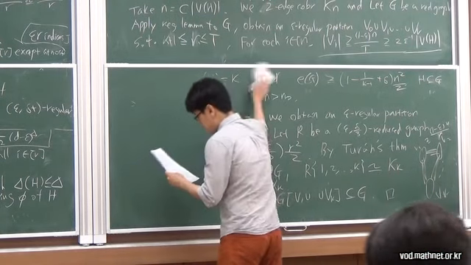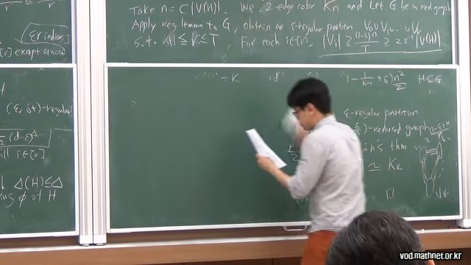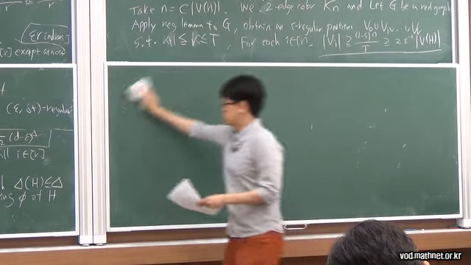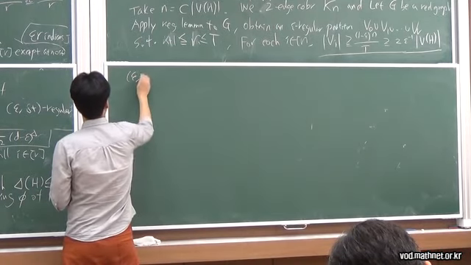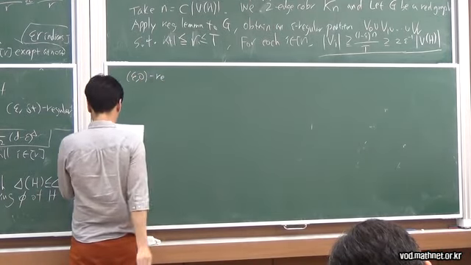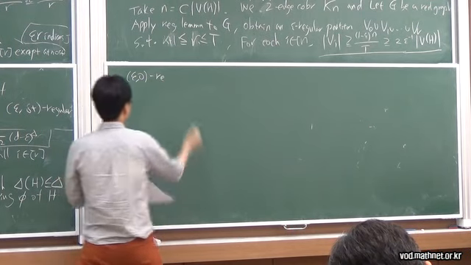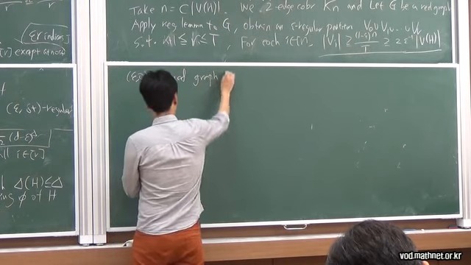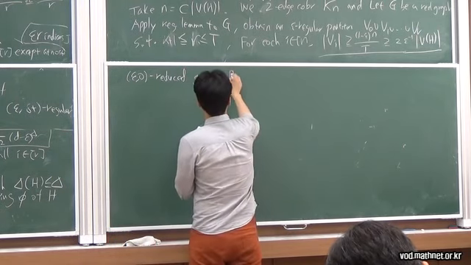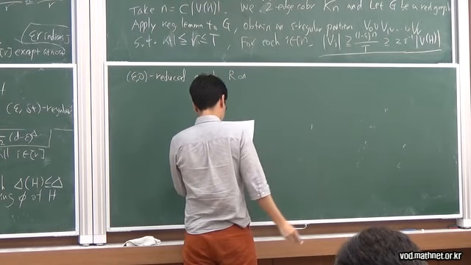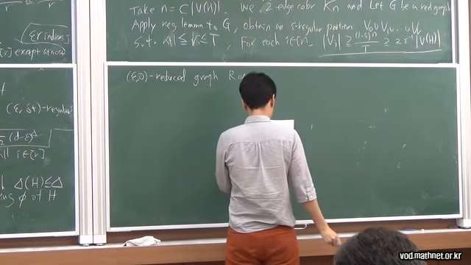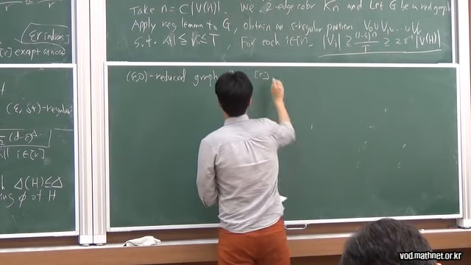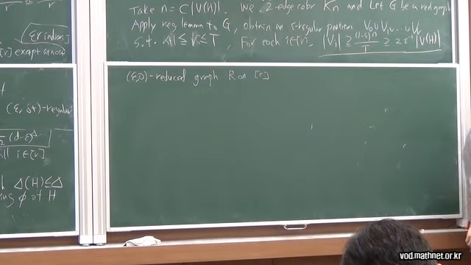And now we have this partition. And we consider the reduced graph, say the epsilon zero reduced graph. So here we don't care about density. And what do we get?